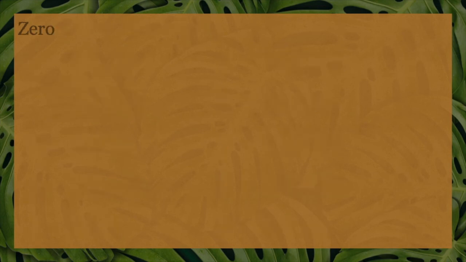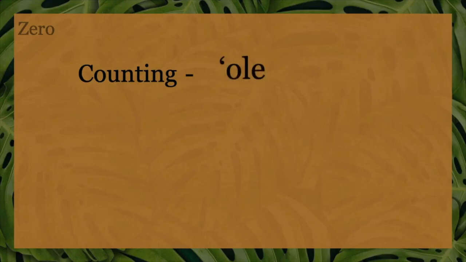And similarly with the number 0. If you're counting, the word for 0 is ole. Now, you don't really count 0 that often, but say it was in a phone number, you would use ole. And remember what I said about phone numbers?